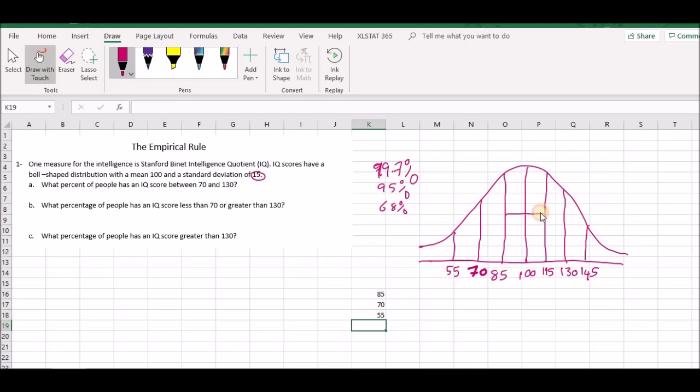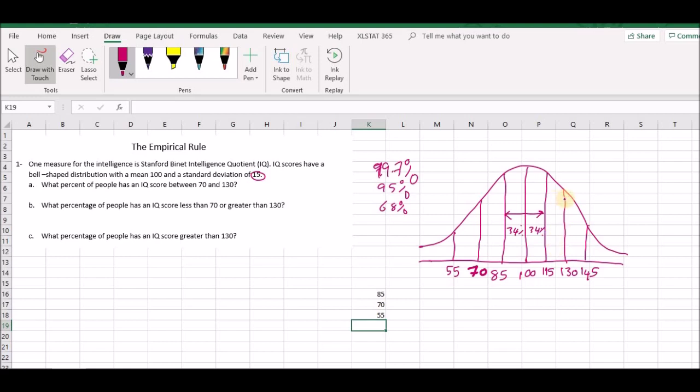This distance right here is within one standard deviation of the mean, which makes this area represent 68% of the data. Since the distribution is symmetrical about the mean, I can split this in half: 34% and 34%.